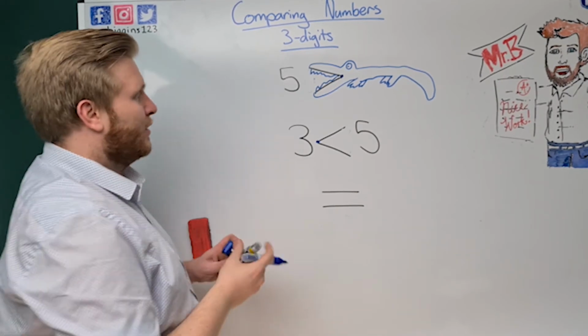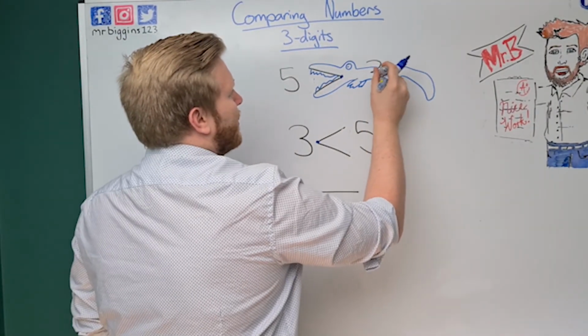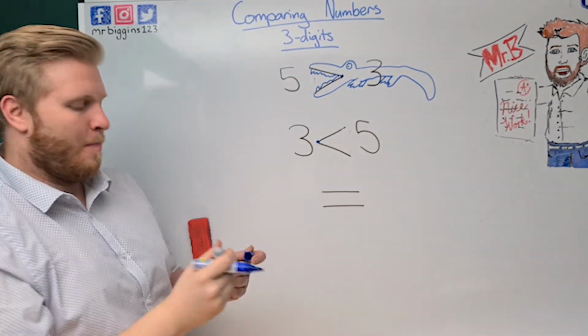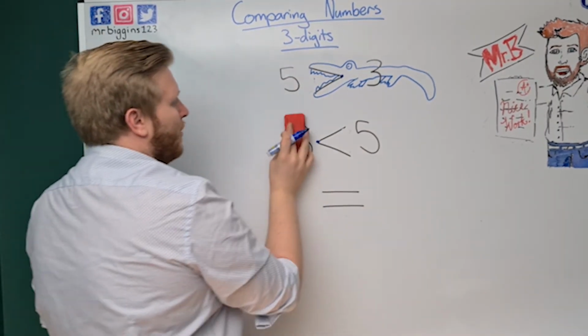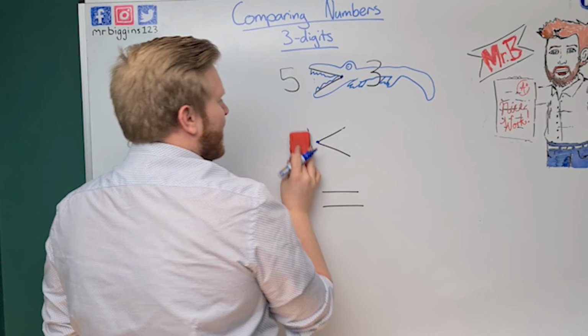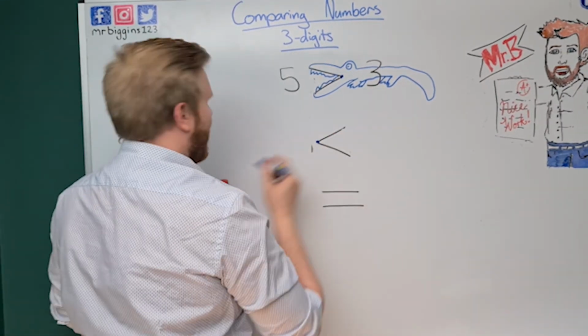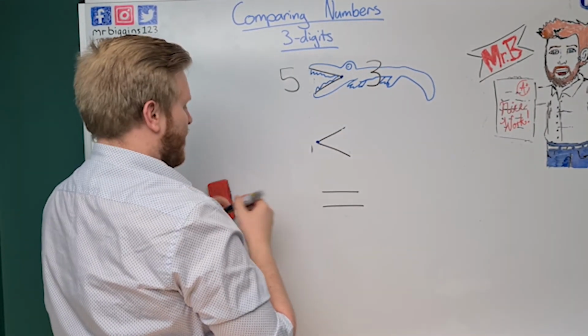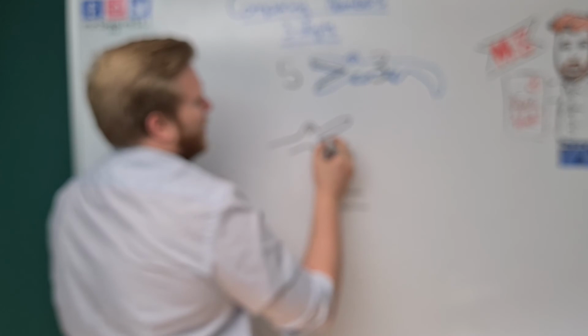Okay, so on this one, when we had our 3 here, we're saying the crocodile is eating the bigger number. On this one, okay, because crocodiles have big mouths, so they have to have big numbers to eat. We'll just do his mouth on this one. Okay, it's not crocodile drawing with Mr. B today.